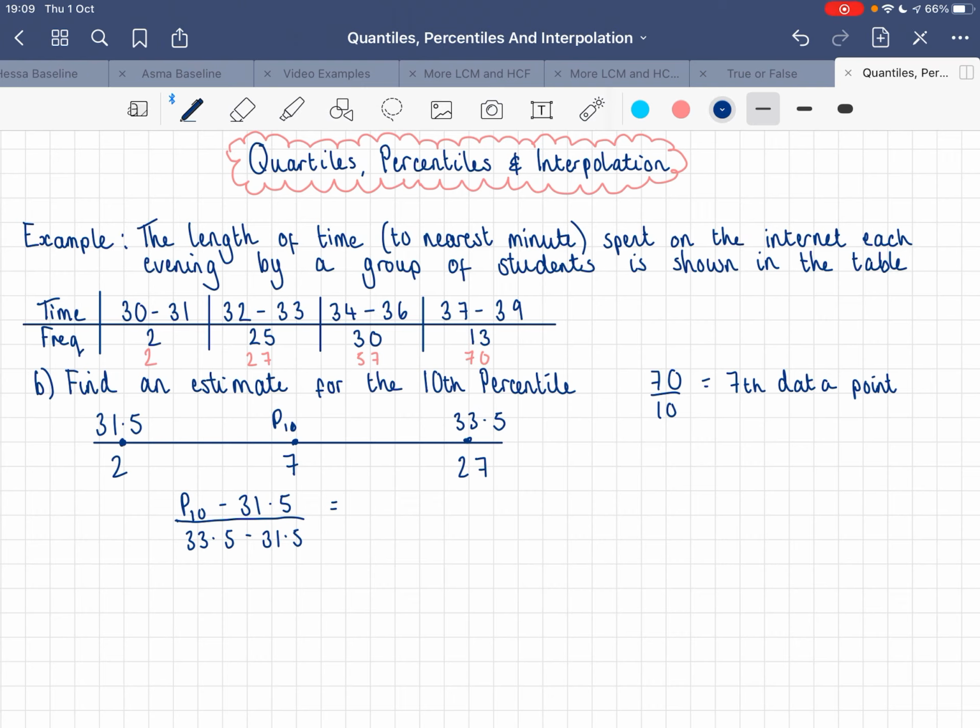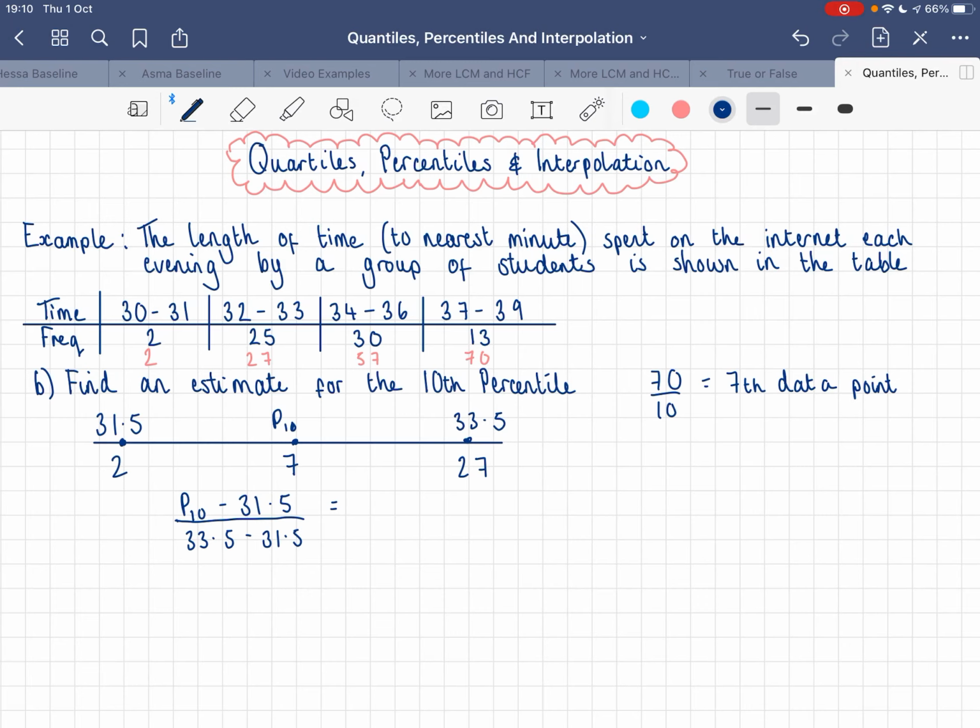Just to make that really clear, you don't necessarily have to write it out as a subtraction. You should be able to work out the size of that interval, the difference between 31.5 and 33.5. It is 2. You can work a lot of it out in your head.